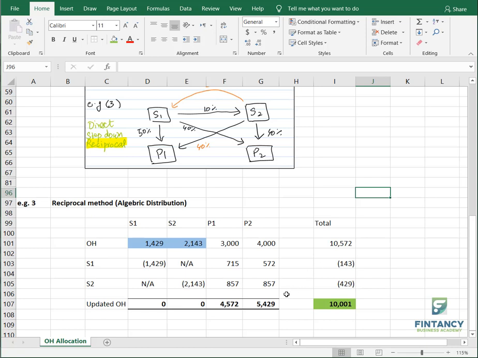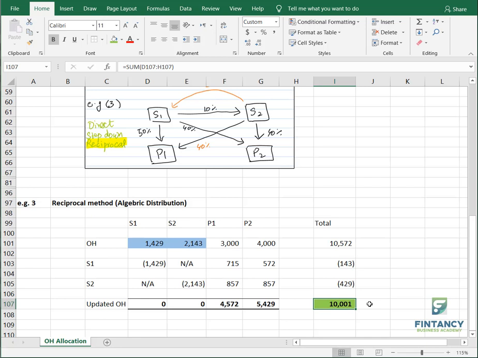So basically we have allocated 10,000. It's 10,001 because of decimal discrepancy. I mean if you take here maybe 1428 or something, exactly that figure which is coming in the calculator, you will exactly get 10,000 here. Again, let me recap for you so you understand it. In reciprocal method, we have created equations.